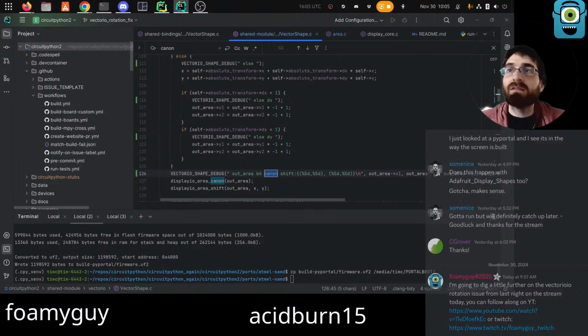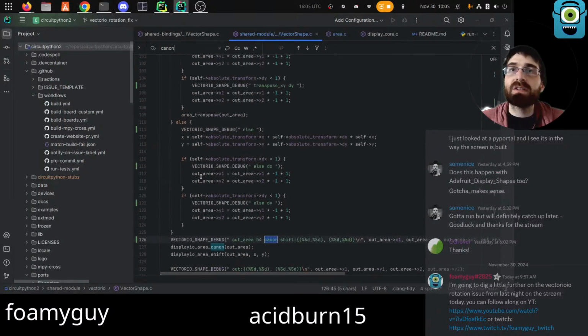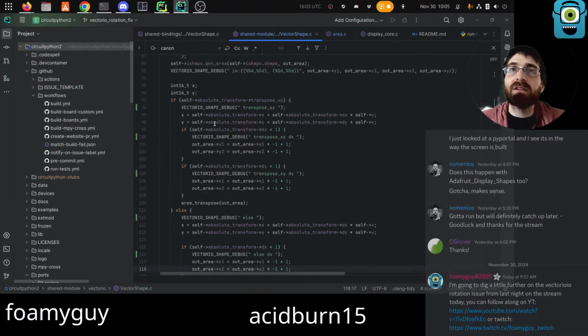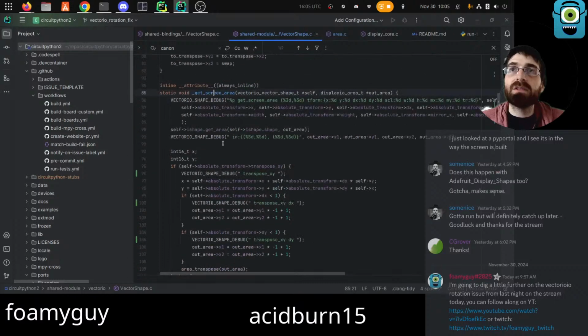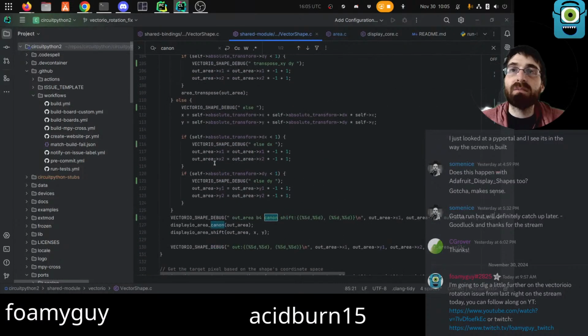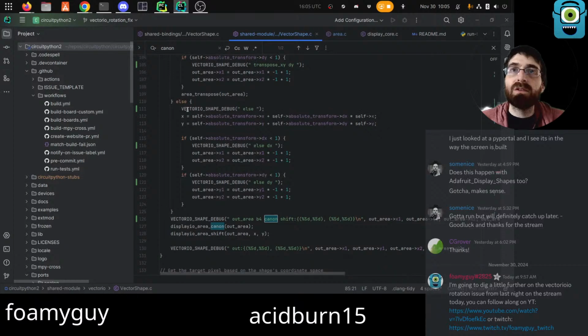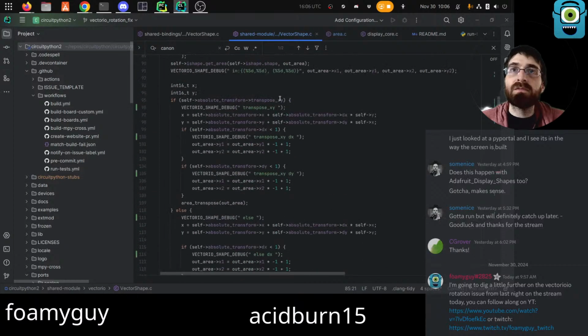So yeah, I added this print statement to try and figure out, because we're manipulating out area here. This is get screen area, the function we were looking at yesterday. If transpose xy is true, then we are going to manipulate the out area.